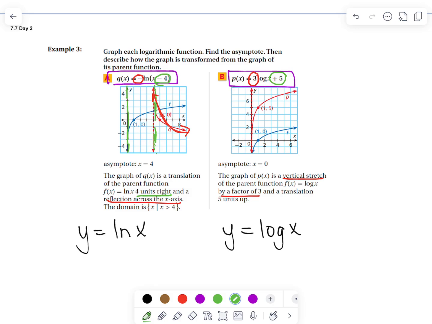So what that does is it moves it up 5 units. So with this one, the asymptote has not moved at all because we didn't go left or right, so it's still in its same position. And then you can see here, this is our parent function right here, and then we have our child right there, graphed out.